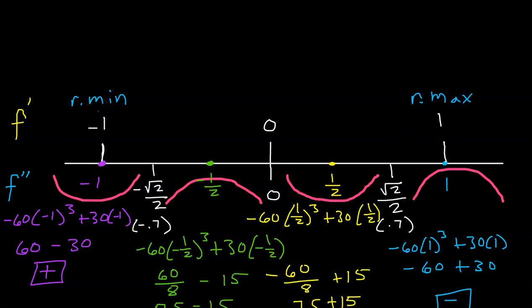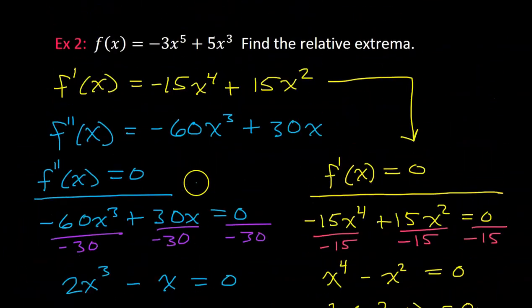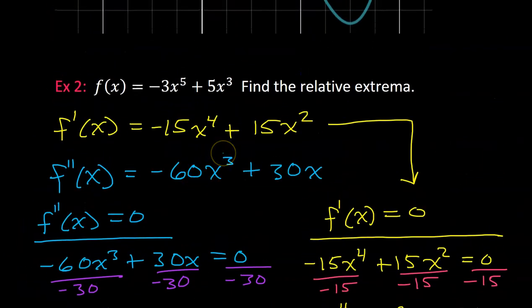So let's go ahead and find the y values. We're going to have a relative min at negative 1 comma something, and we're going to have a relative max at positive 1 comma something. So to find the y values, we need to consult the original function. So here's the original function.